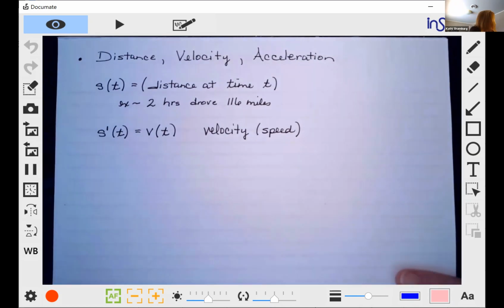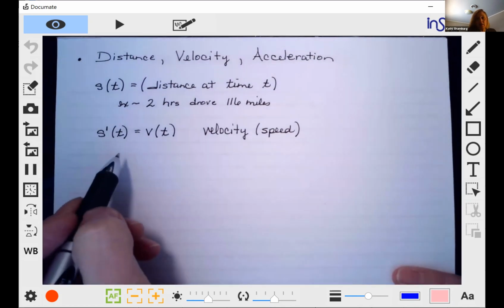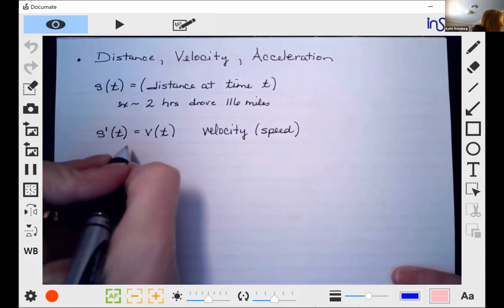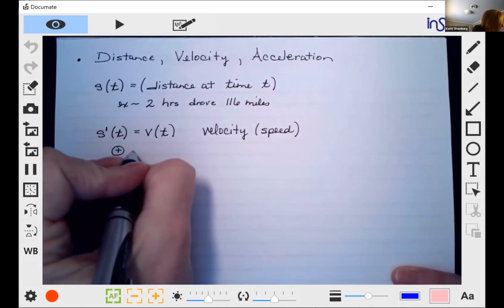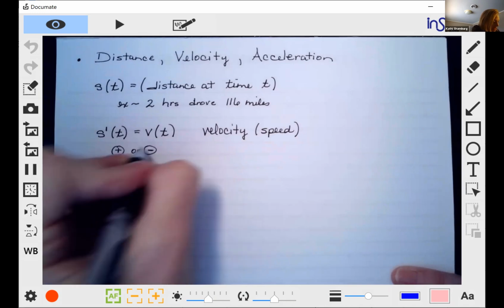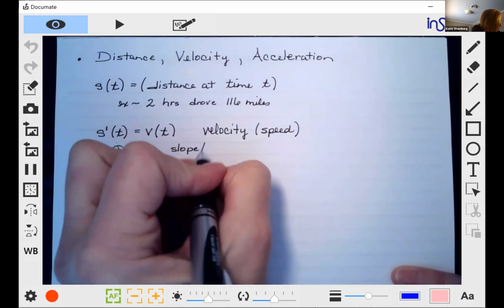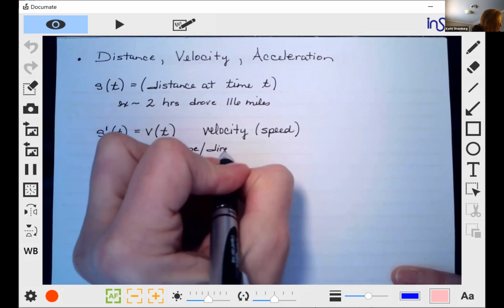So what that tells me then is the velocity can be positive or negative. Now, this is where you need to be careful. We're not saying you drive negative speed, but we're talking directional. So this could be positive or negative because it's dealing with your slope, which is directional.